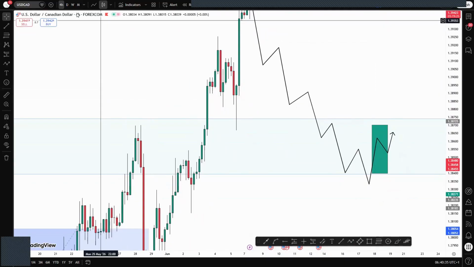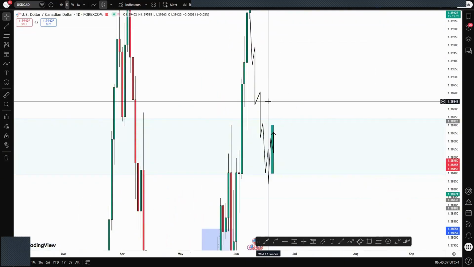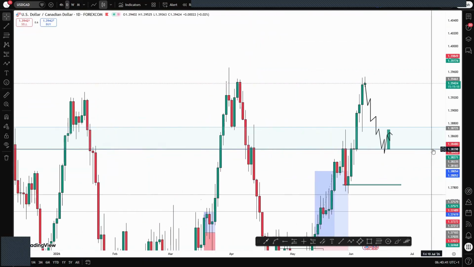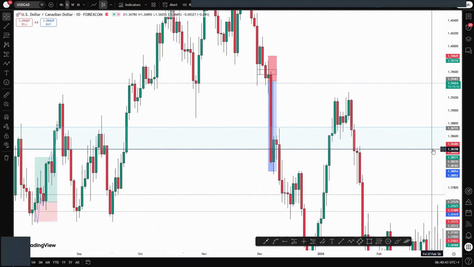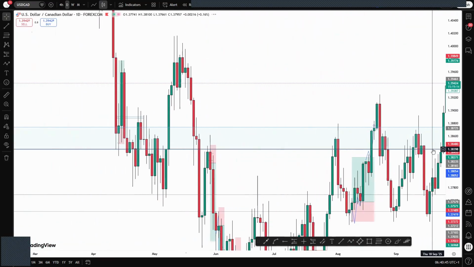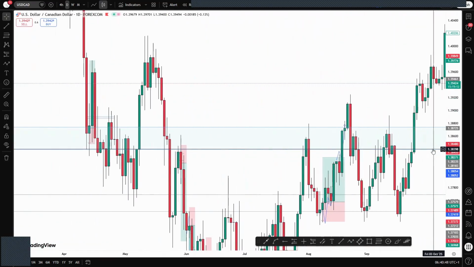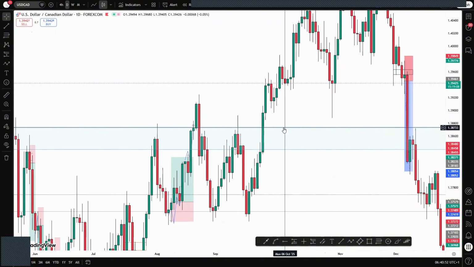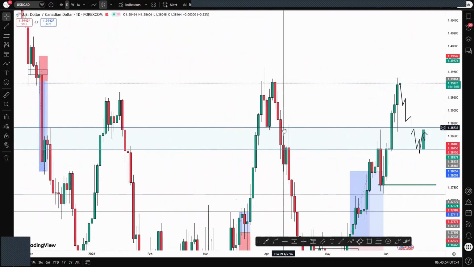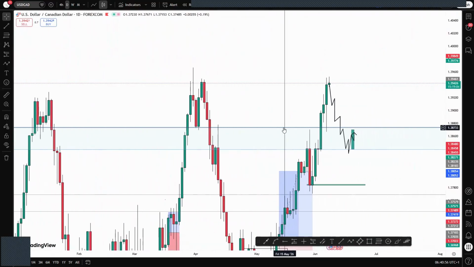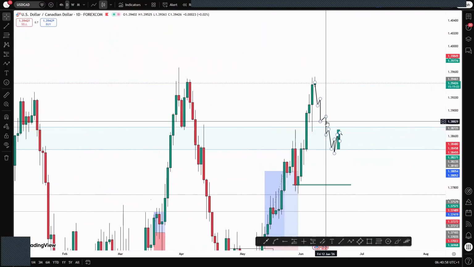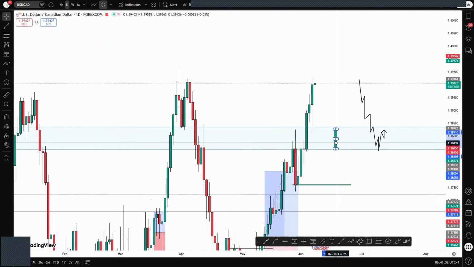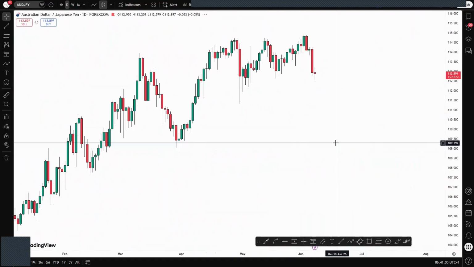You see, that's the whole concept, my brothers. So we'll wait for this to happen. What's important is just the daily retest and engulfing there.